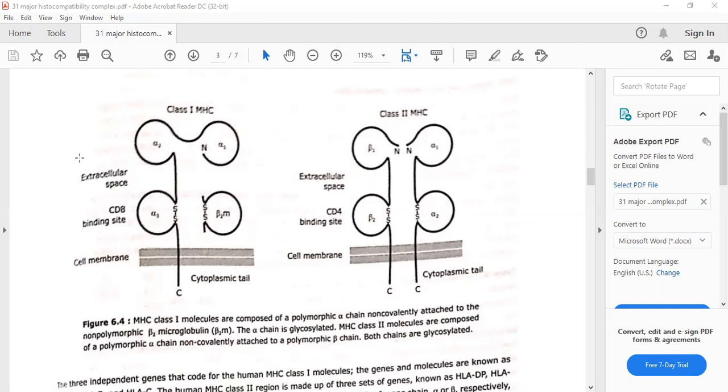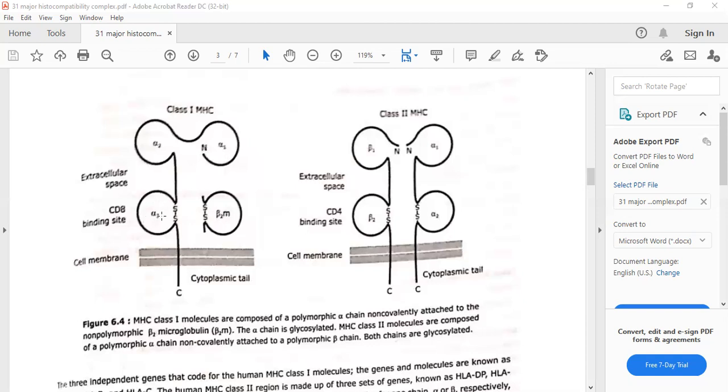In the MHC class 1 molecule, there are 4 domains: alpha 1, alpha 2, alpha 3, and beta 2 microglobulin. There is a disulfide bond between the 2 domains, and in the alpha 1, there is a glycosidic bond.